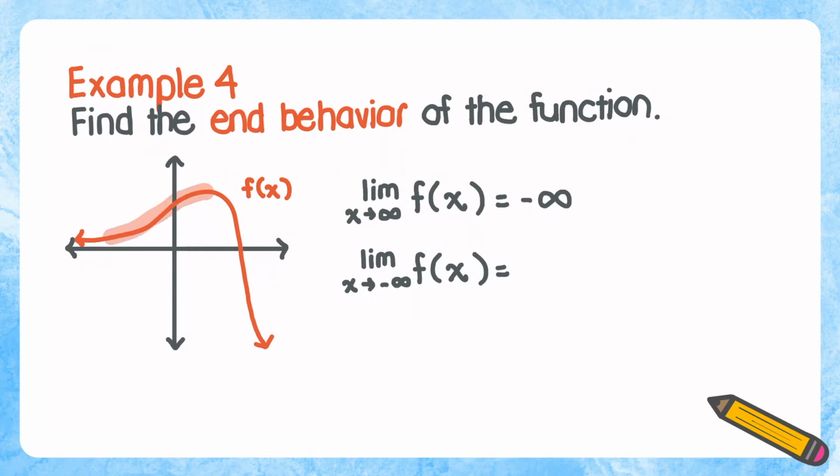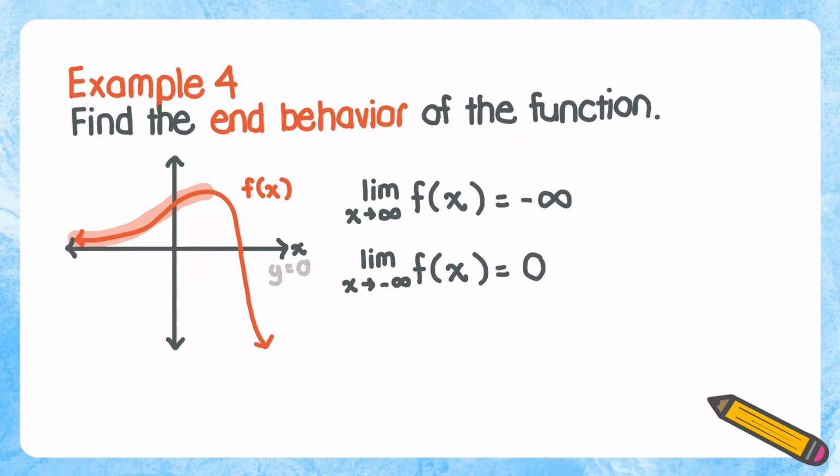As we go more and more left, we get really close to the x-axis, but we never actually touch the x-axis. We're just approaching it. So what's the y value for the x-axis? If you're approaching the x-axis, it means you're approaching y equals 0.